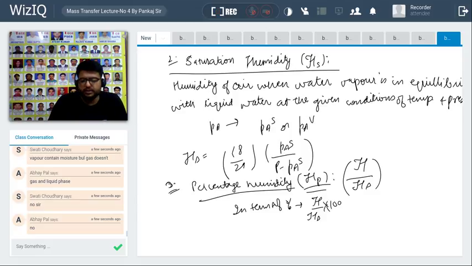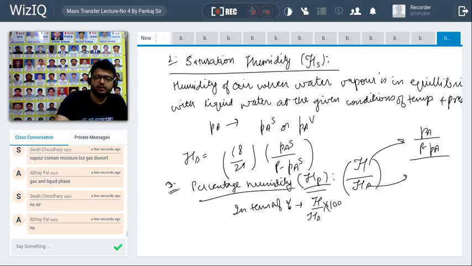Okay, percentage humidity means how much the humidity is different from that of saturation value. Okay, so value of H is equal to PA upon P minus PA, and value of HS is equal to PAS upon P minus PAS. Okay, so it will become equal to what?